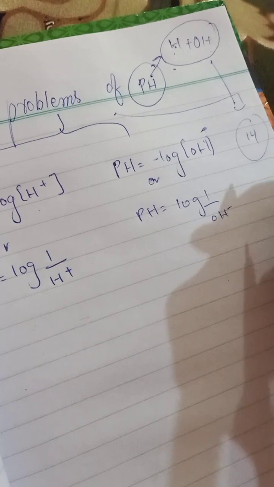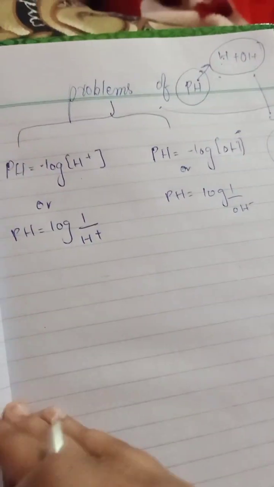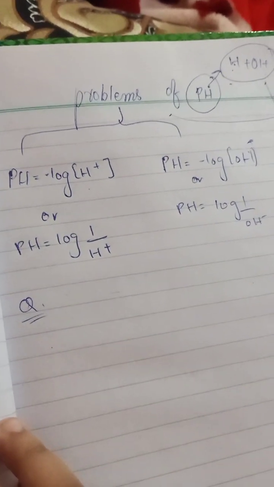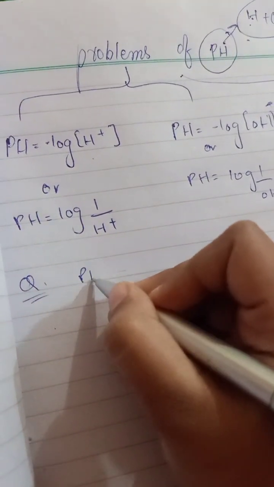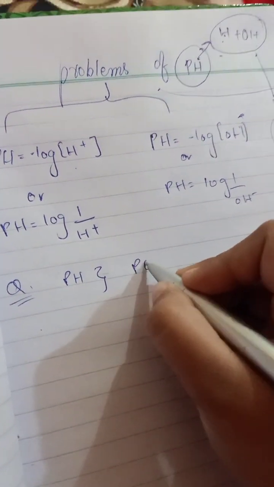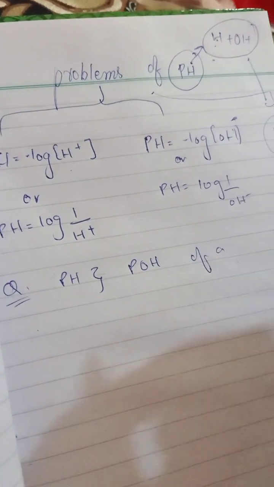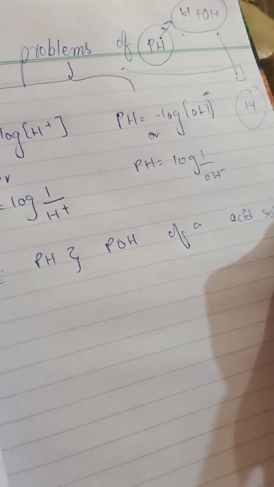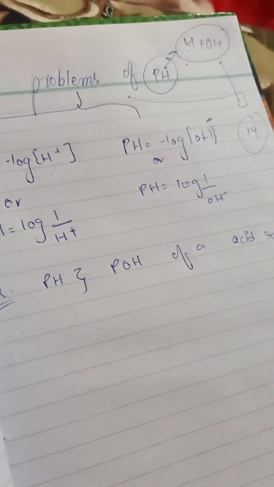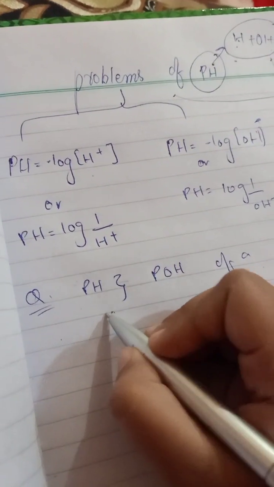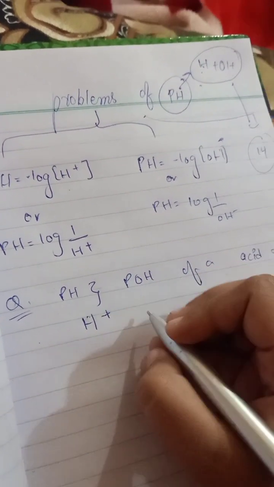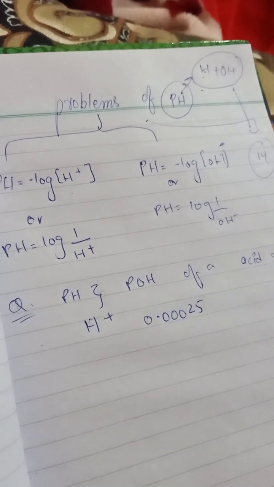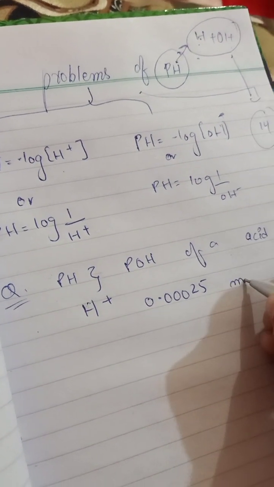Okay, and for example, we have a question: calculate the pH and pOH of an acid solution. In that solution, the concentration of hydrogen ions is 0.00025 molarity.